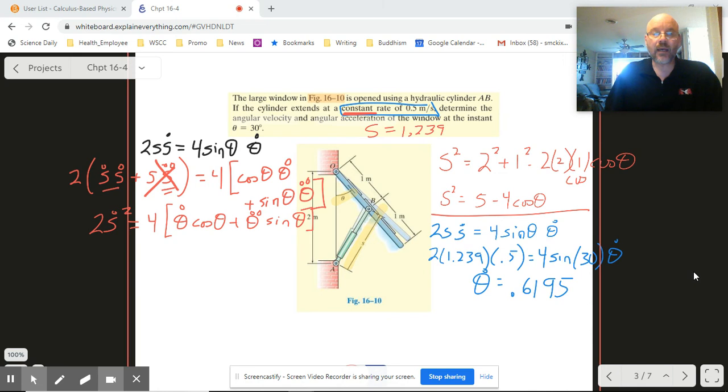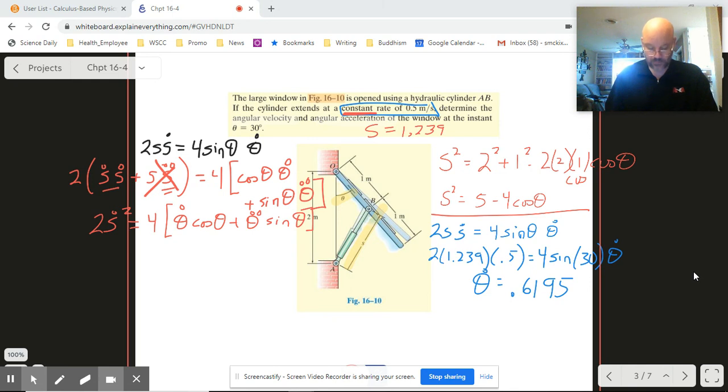Okay. So let me see. I'm going to put that into a calculator real quick and get an answer on that. 2 times 0.5 squared equal to 4 onto. Hey, you can play along at home. Can you beat me?